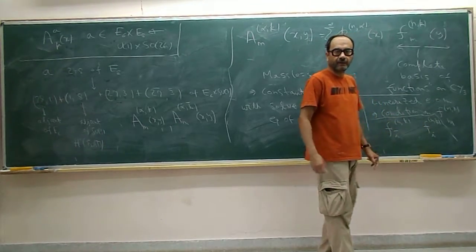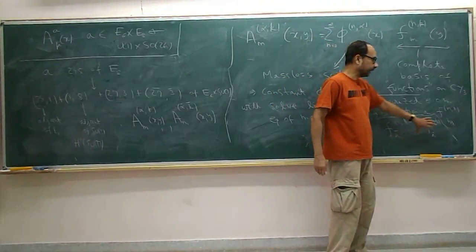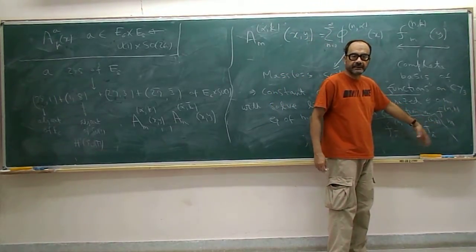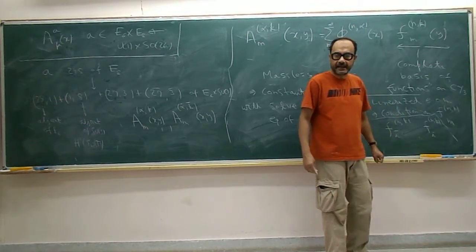That's a convention. Because these sets, f I bar and f I, will be complex conjugates of each other. So one set describes the chiral multiplet, the other set describes the anti-chiral multiplet.